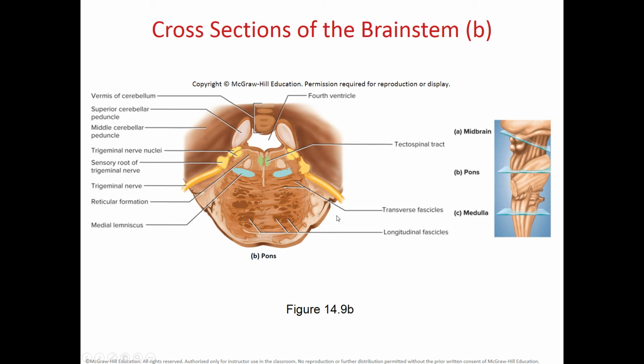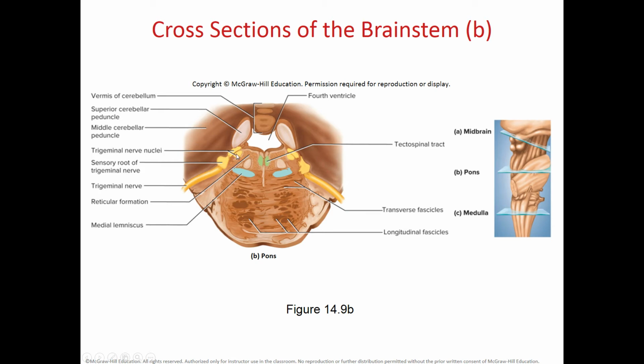And then if you make a cross section of the pons, you will be able to see these longitudinal and transverse fascicles that bring information from the medulla into the midbrain. And then we have here the superior and middle cerebellar peduncles that help to connect the midbrain and the pons to the cerebellum.